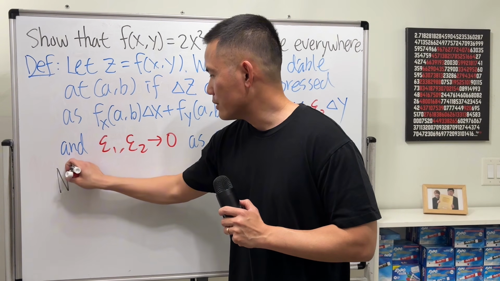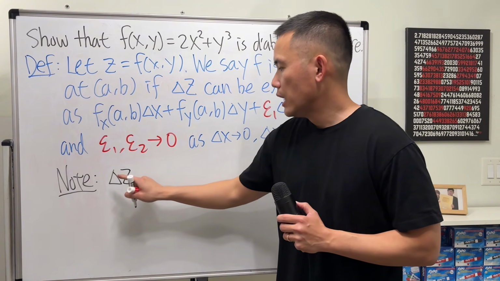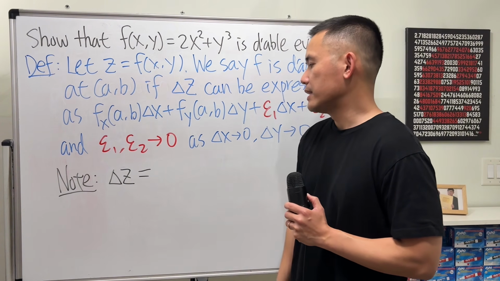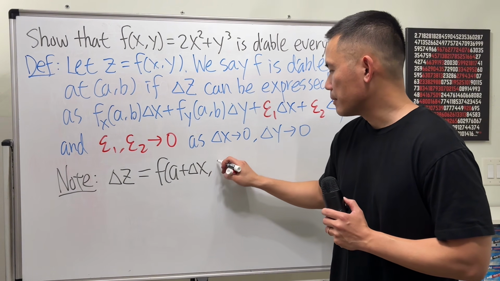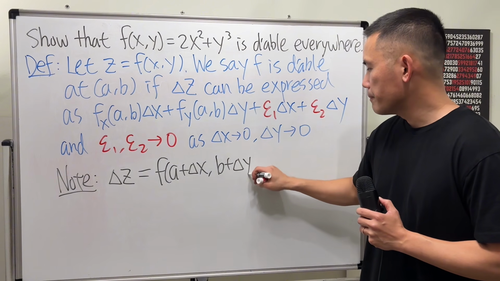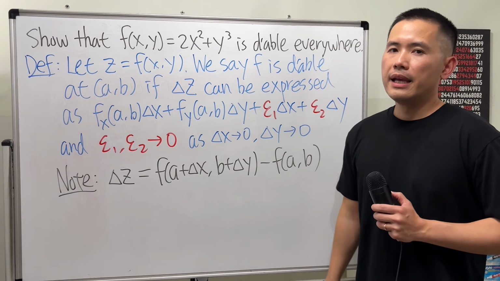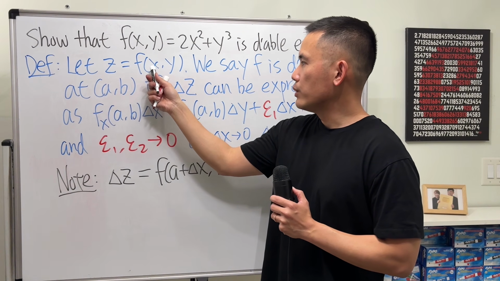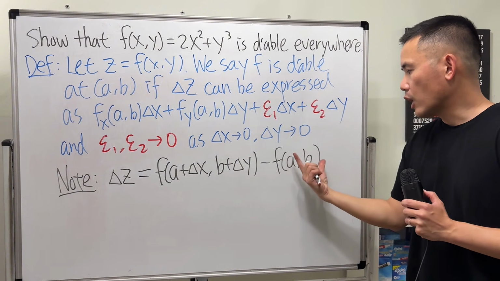It has something to do with the calculus, the partial derivatives, all that. But you do have to know delta z. And remember, delta means the change. So this is how we define delta z: f of (a plus delta x, b plus delta y) minus f of (a, b). At the point (a, b), we can just plug in a for x and b for y, and we get the value for z, the original value.